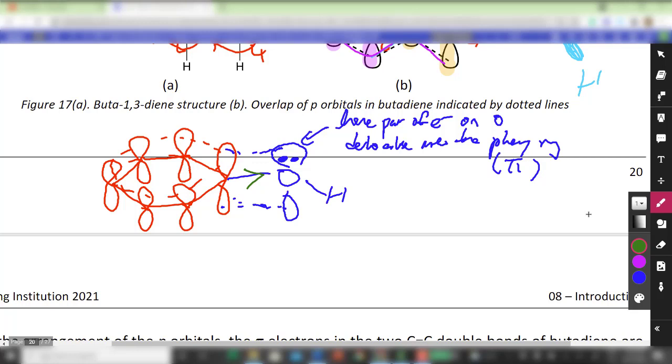OH is inductively withdrawing, so it will withdraw electron density from the sigma bonding framework towards the O, but at the same time the lone pair delocalizes. So which effect wins? The pi effect wins. So on the whole, if you look at the effect of the group on the nature of the phenol ring, on its reactivity, you'll realize that the OH as a whole is an electron donating group as opposed to being electron withdrawing.